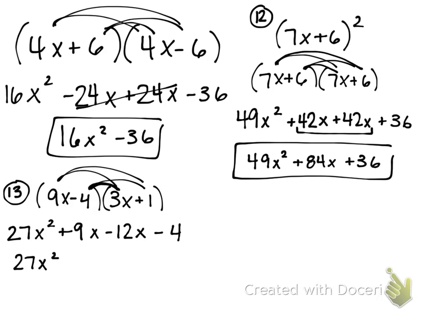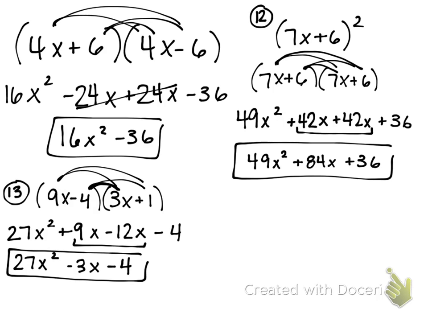Quentin, what are my like terms? 9x and negative 12x. Which gives me negative 3x. And then last term, negative 4. All right. Make sure everybody is awake and alive.